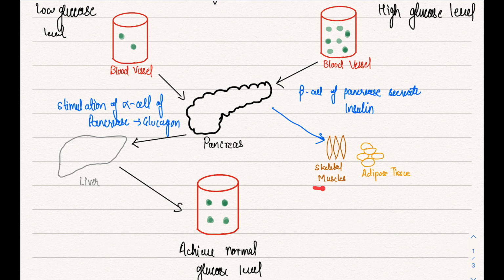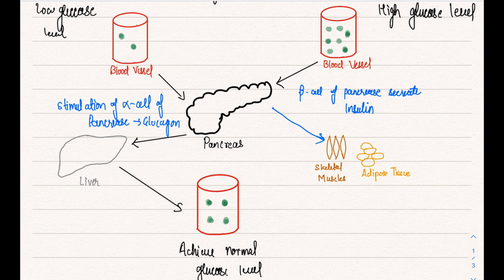the peripheral cells. Like, you've got the skeletal muscle, you've got the adipose tissue. Because of the action of insulin on the skeletal muscles and adipose tissue, more glucose will enter these cells from the bloodstream.